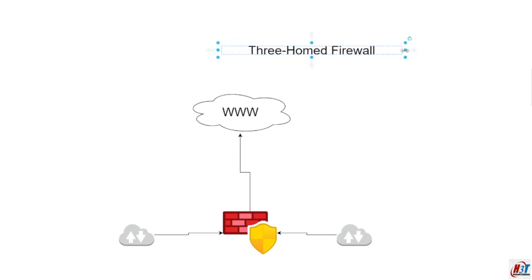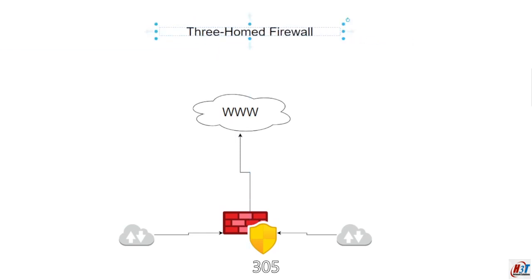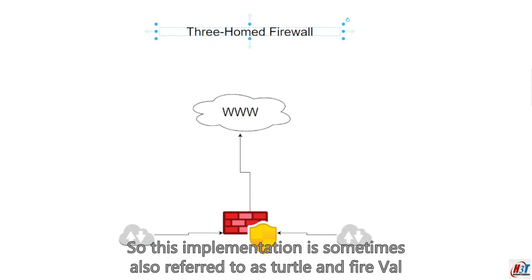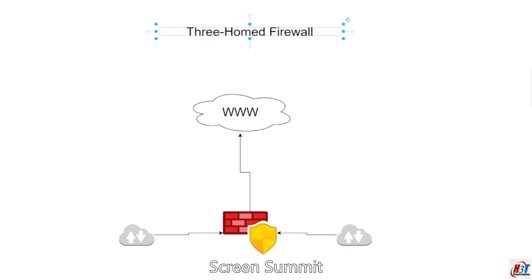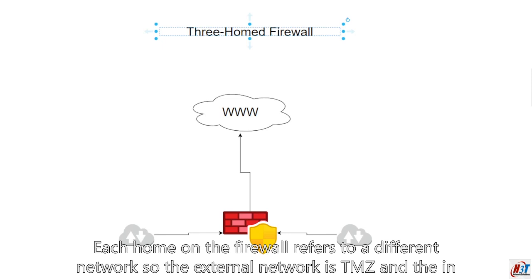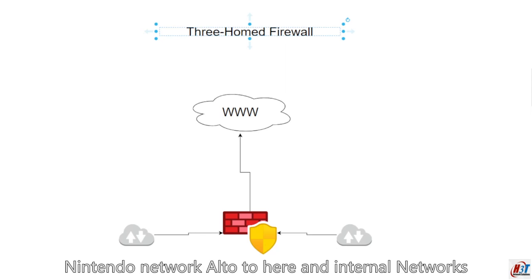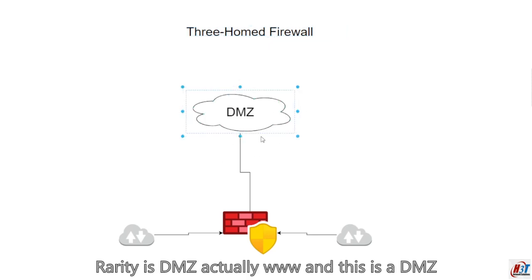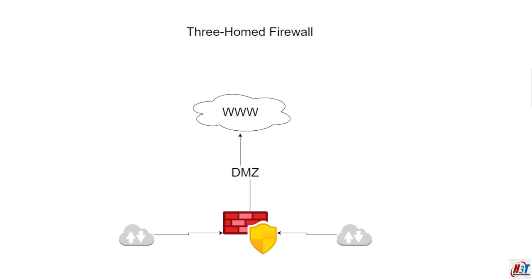This implementation is sometimes also referred to as a triple-homed firewall or screened subnet. Each home on the firewall refers to a different network: the external network, the DMZ, and the internal network. Let's write here internal network, and DMZ. Actually, not www, this is the DMZ.